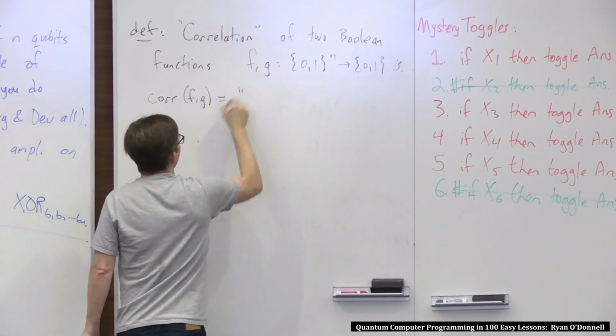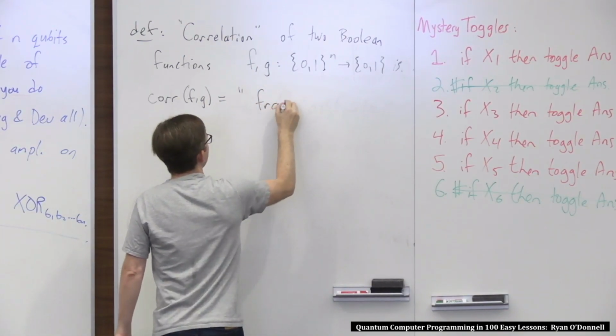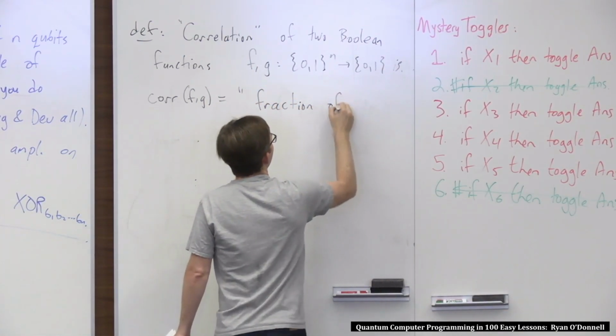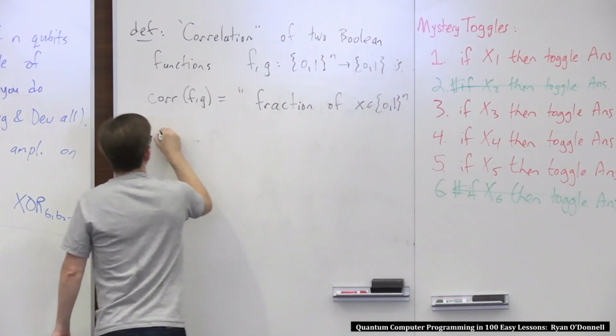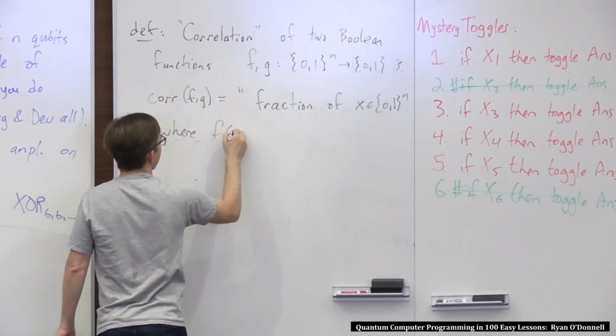It's a number, and it's the fraction of inputs x where f and g agree, minus the fraction where they disagree.